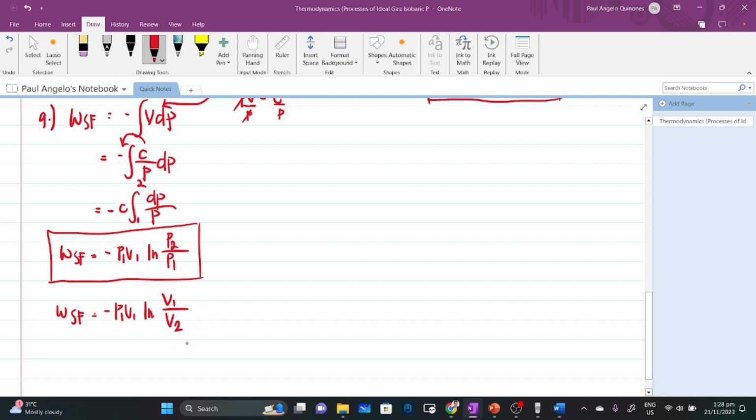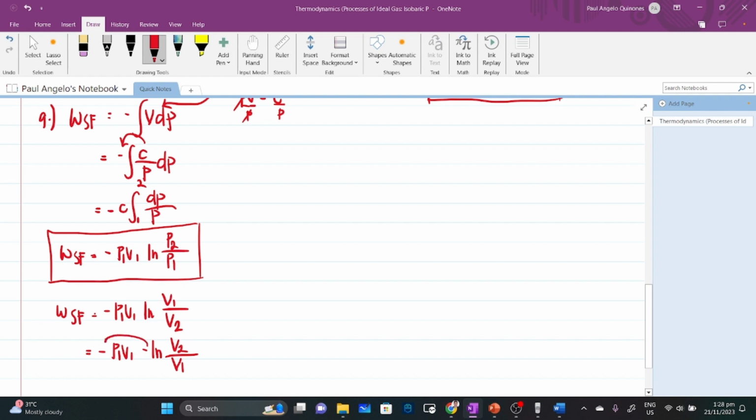If you want V2 on the numerator and V1 on the denominator, you need to get the inverse, which will be negative P1 V1 times negative ln V2 over V1.